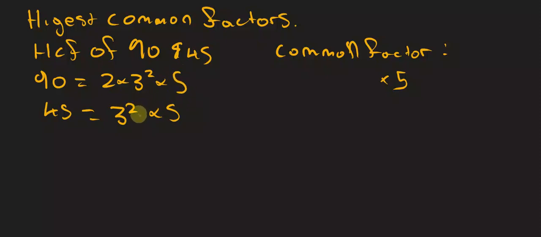And since there is no 2 in 45, it's not a common factor, so we just leave out the 2. And we look at these two numbers. We have 3 squared and 3 squared. That's our highest common factor. So 3 squared times 5. So our highest common factor is 45. That's the highest number that can go into both, basically. Good.